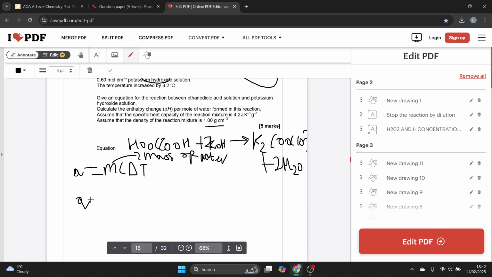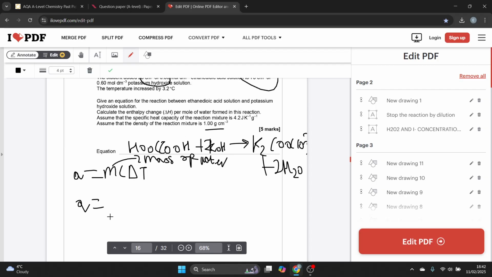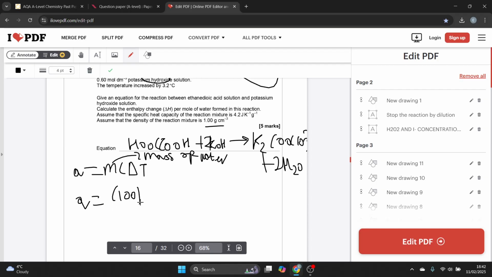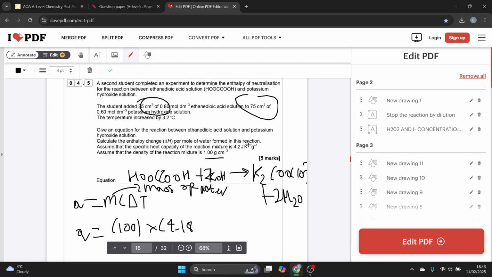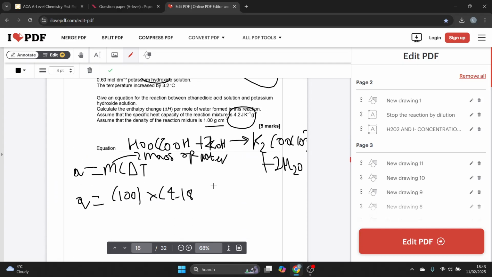So Q equals 75 plus 25, 100 grams, times by 4.2. This is the first time I've seen that. It's usually always 4.18, but in this case it's 4.2. I don't know why they've done that, but it's unusual. So you do need to read the question. You can't just assume it's always 4.18.